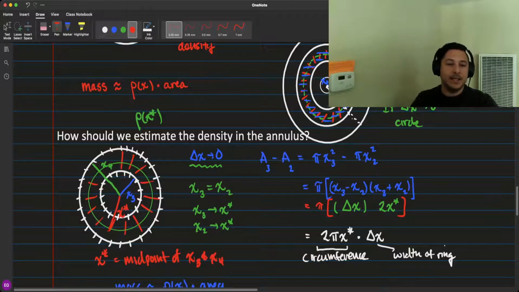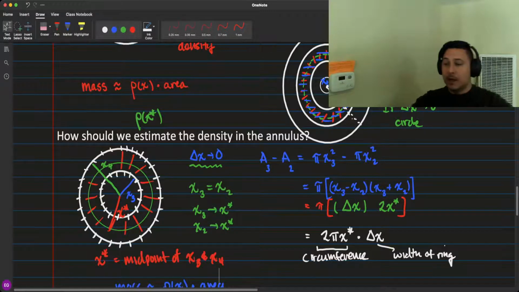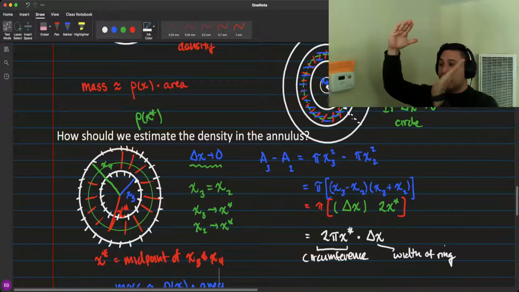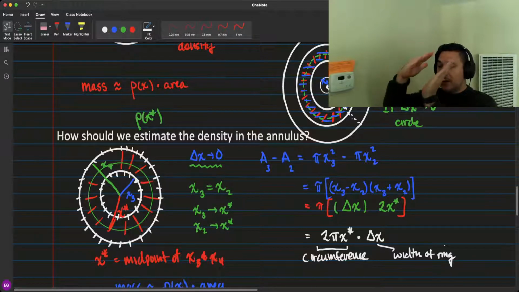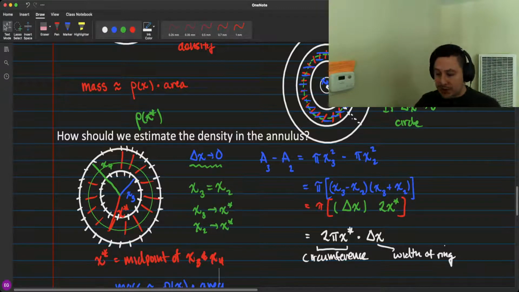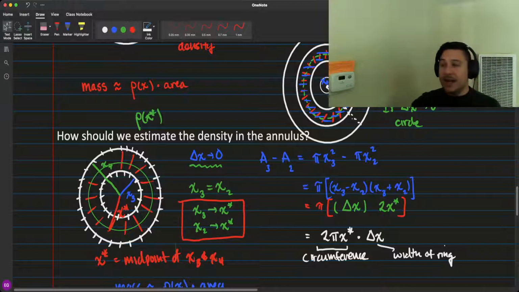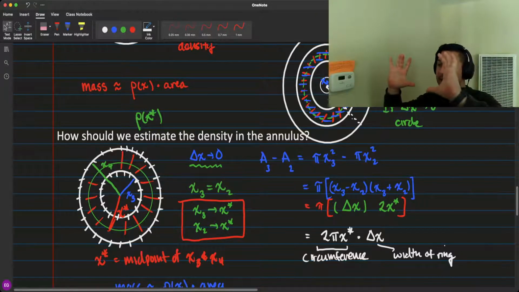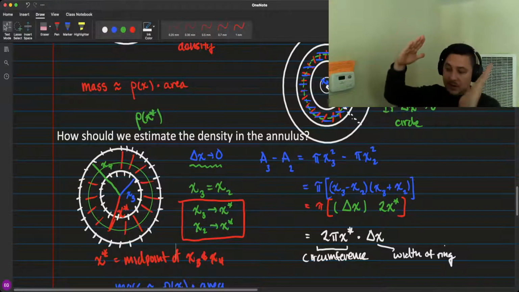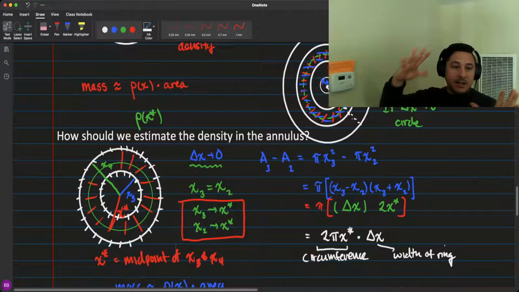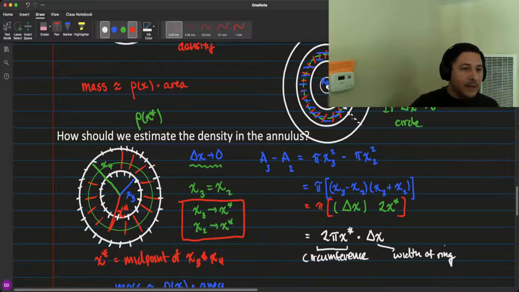And last time we discussed, if delta x goes to 0, x3 and x4 are going to get closer and closer to each other. So what are both of them going to approach? The midpoint value. That's what this is saying right here. If delta x, the distance between the successive points, becomes smaller, you can imagine those white lines moving like this.